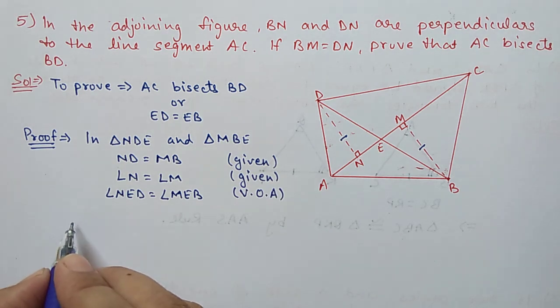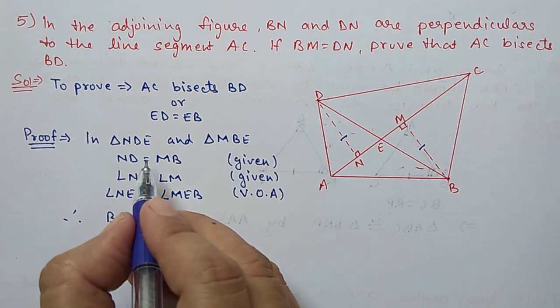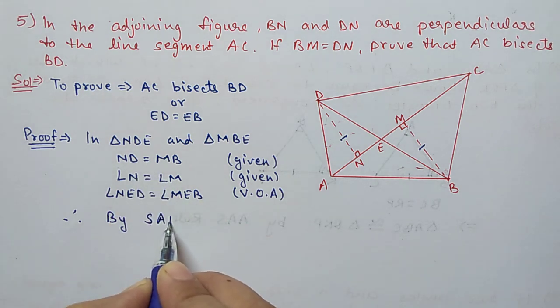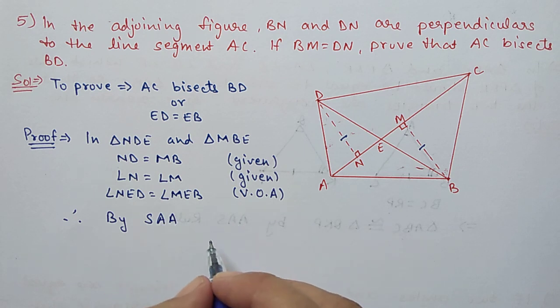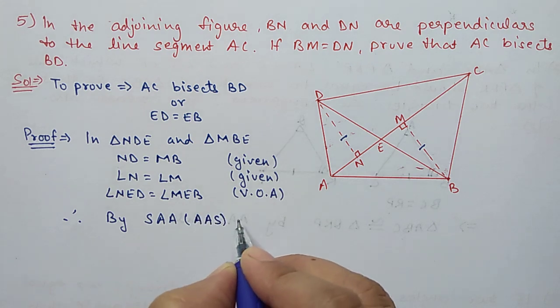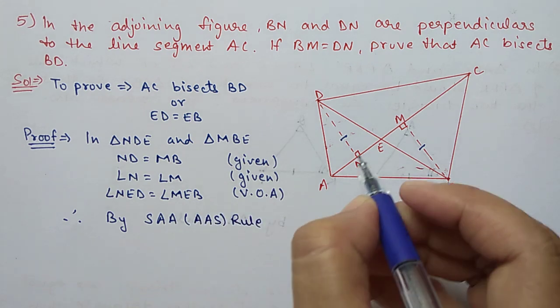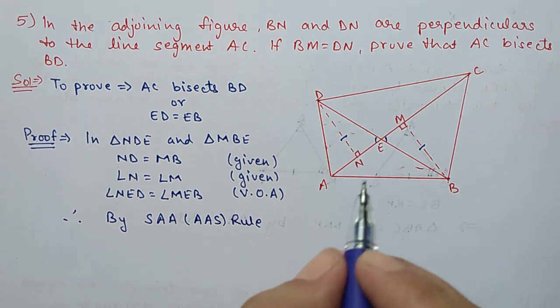So, therefore, by the angle-angle-side rule, or we can say the angle-side rule, in any way you can write it. By the angle-side rule, we have compared one angle, this angle to this angle, then another angle and a third side.